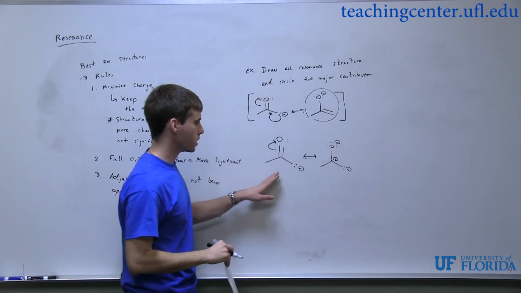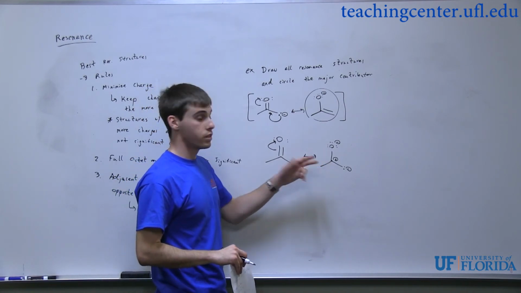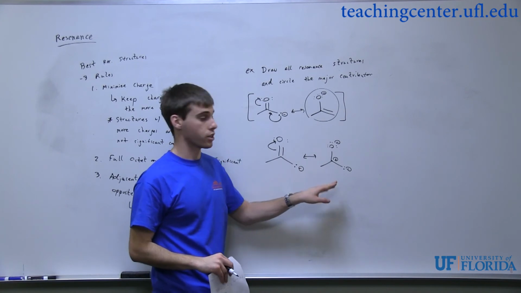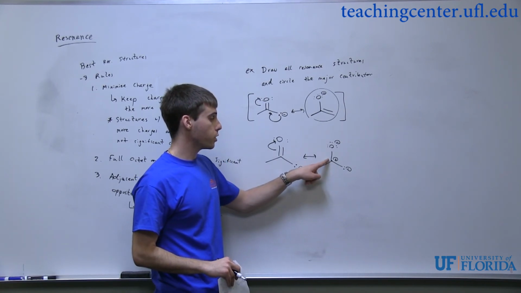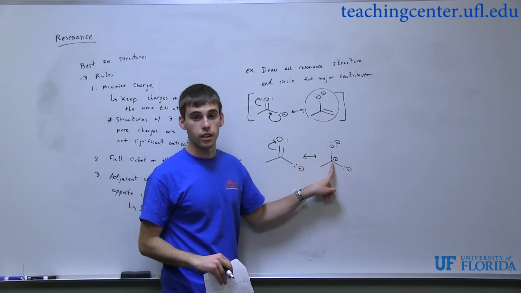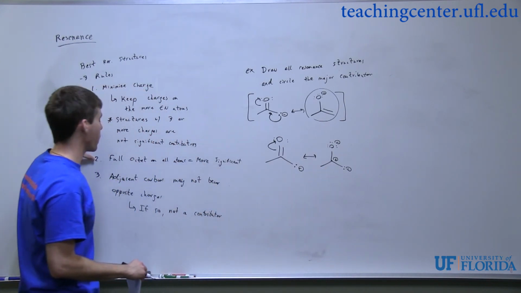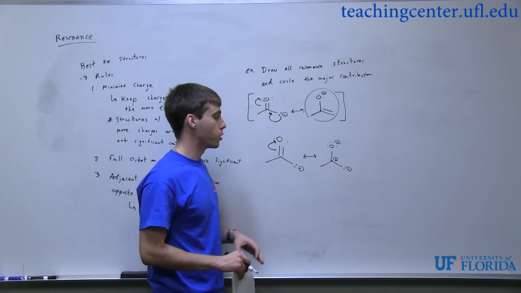Okay. So look what I've done. There's two things that are not good here. First, I've generated 3 charges, so this is not a significant contributor. Second, I'm below the octet rule. There are only 6 electrons in the valence shell of carbon. So these are 2 very bad things, and for those reasons, this is not a major contributor.